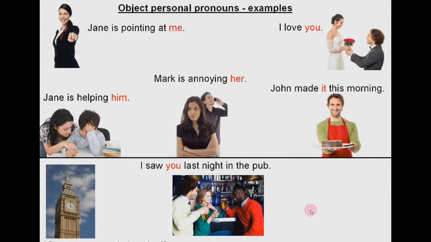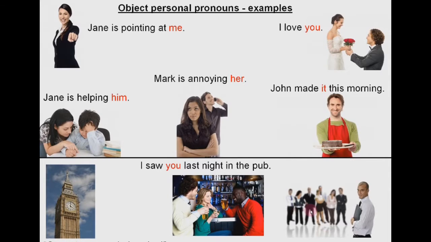I saw you last night in the pub. John is not with them. Okay, so again, at the top, these are the singular personal pronouns. And these at the bottom are the plural. Okay?